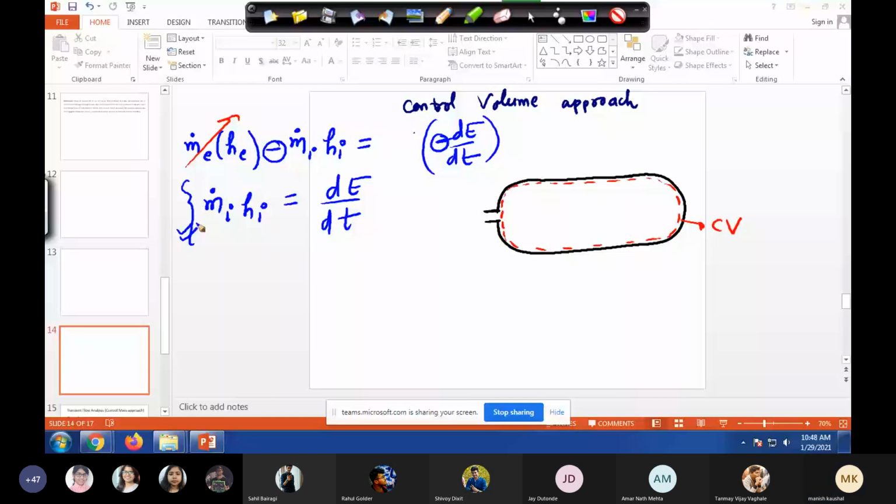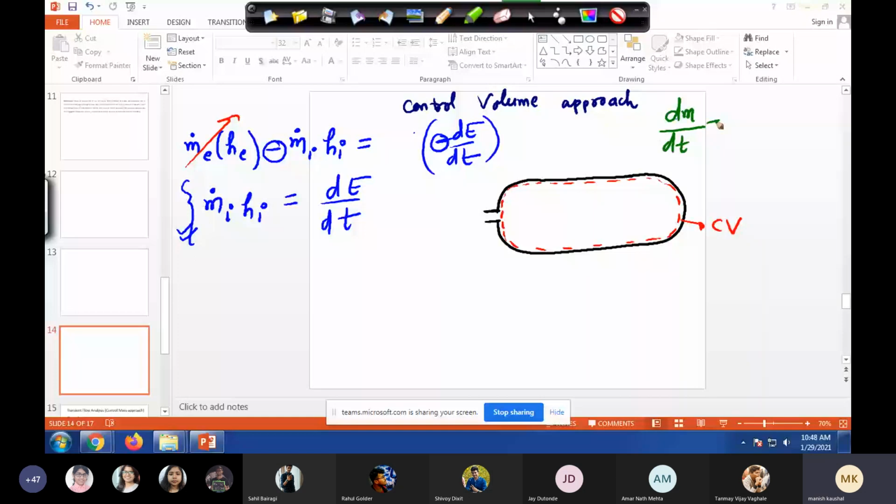Now, of course, the mass is also balanced. You are not creating any mass. So if you write down the mass balance, first of all tell me, what will be dm by dt? Anyone?